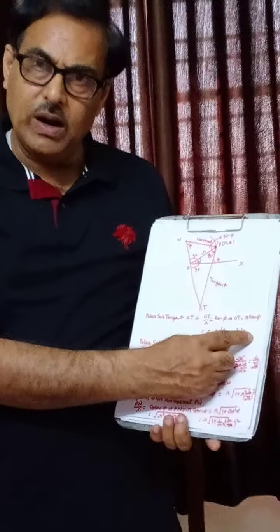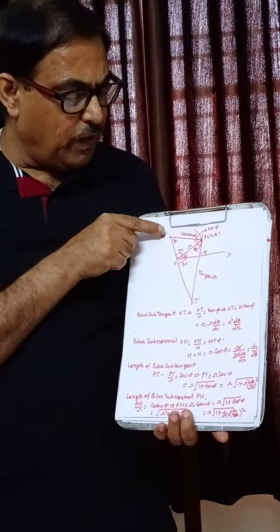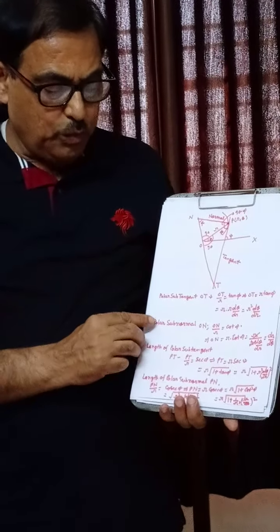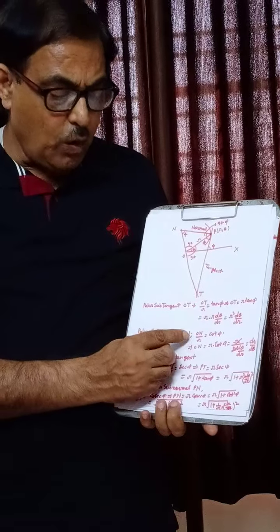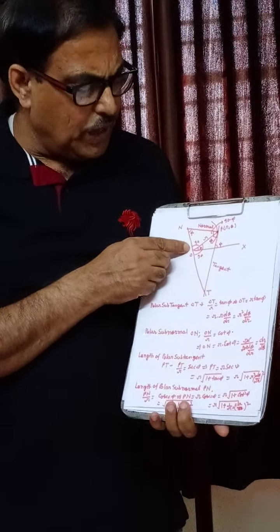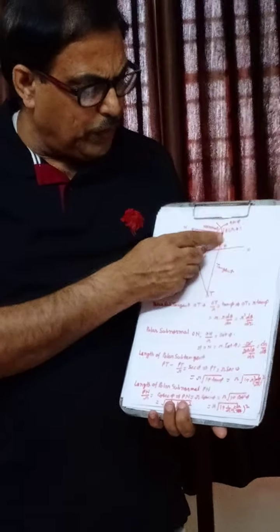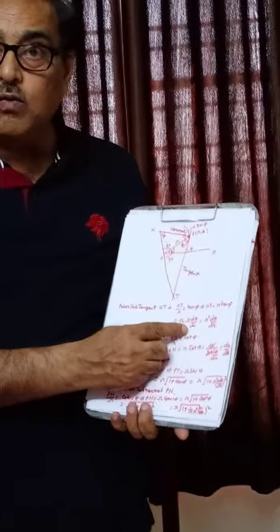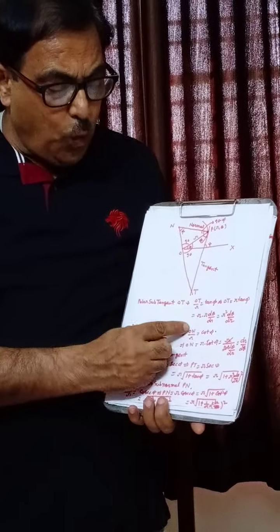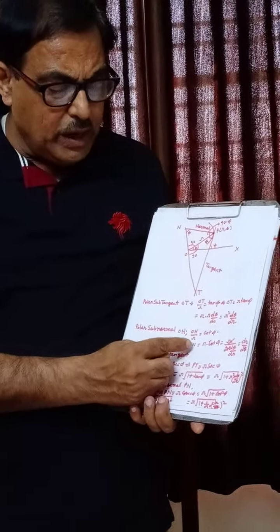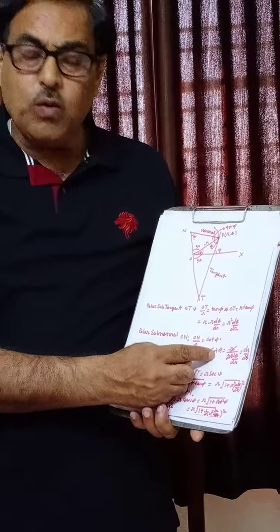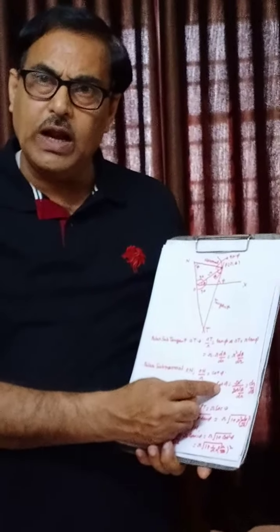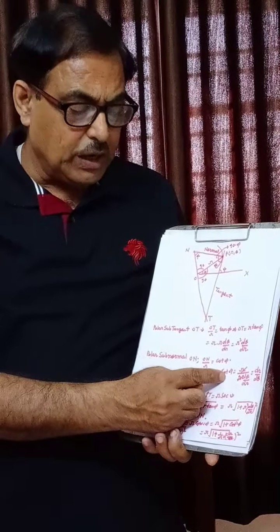This is one part. Another part we will find is ON, the polar subnormal. Now in the right angle triangle OPN, ON upon r is equal to cot phi. So ON is equal to r cot phi, and cot phi means 1 upon tan phi, and you know that tan phi is equal to r dθ/dr.